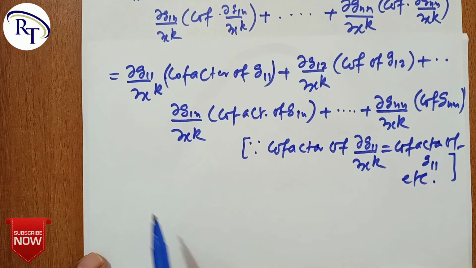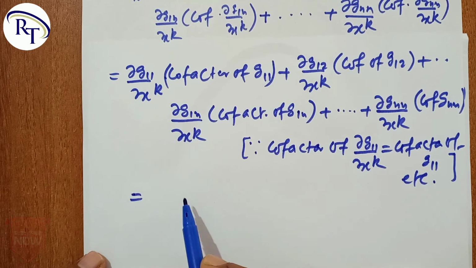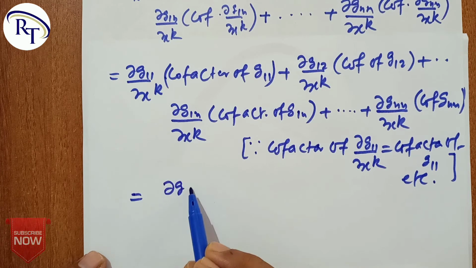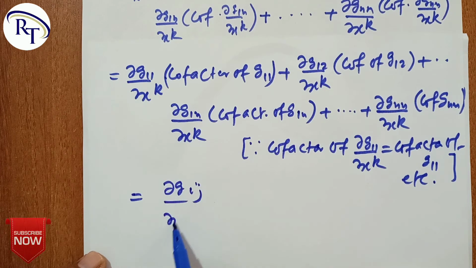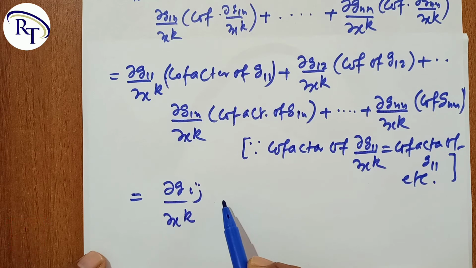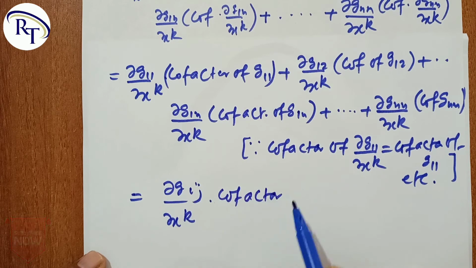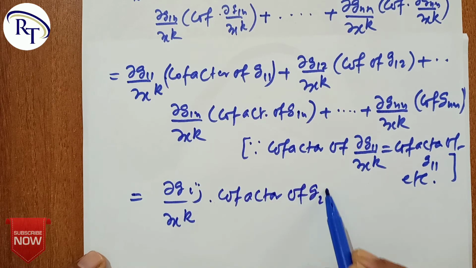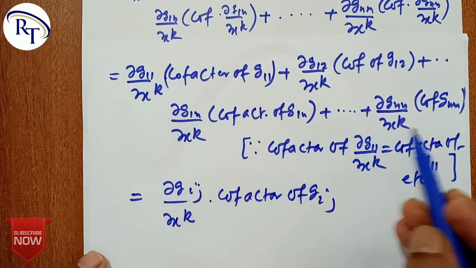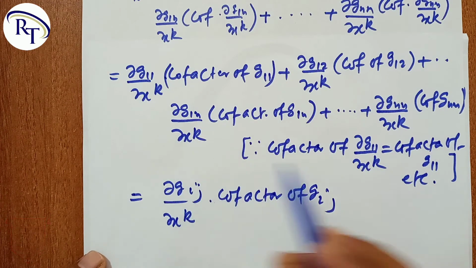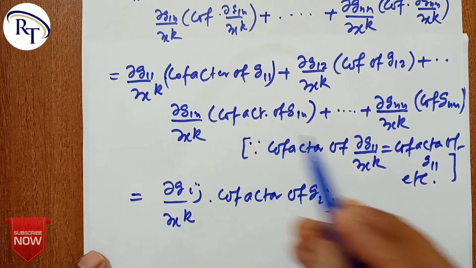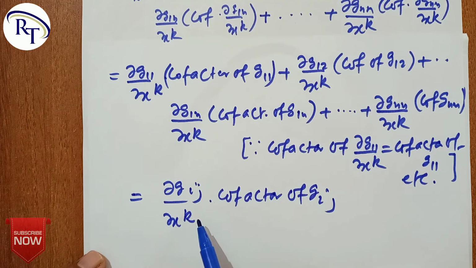So this can be written as ∂Gij/∂x^k into the cofactor of Gij, because there are n cross n terms, so by the Einstein summation convention this can be written like this.